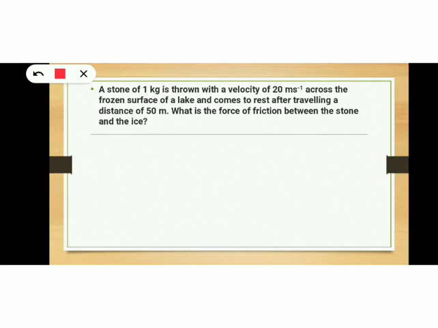So here, a stone of 1 kilogram is thrown with a velocity of 20 meters per second. So what is the mass of the stone? The mass of the stone is 1 kilogram and the initial velocity is 20 meters per second across the frozen surface of a lake and comes to rest after traveling a distance of 50 meters.